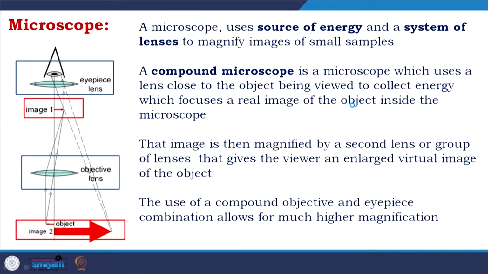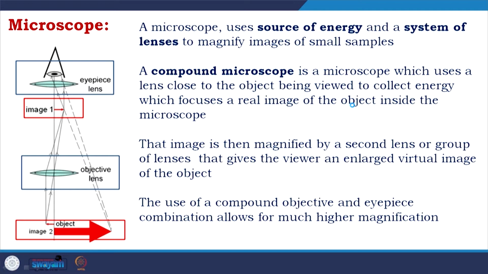For people who have no idea about microscopes, a microscope uses a source of energy and a system of lenses to magnify images of small samples. So, there is a set of systems, you have an objective lens and an eyepiece lens and you have many of them.